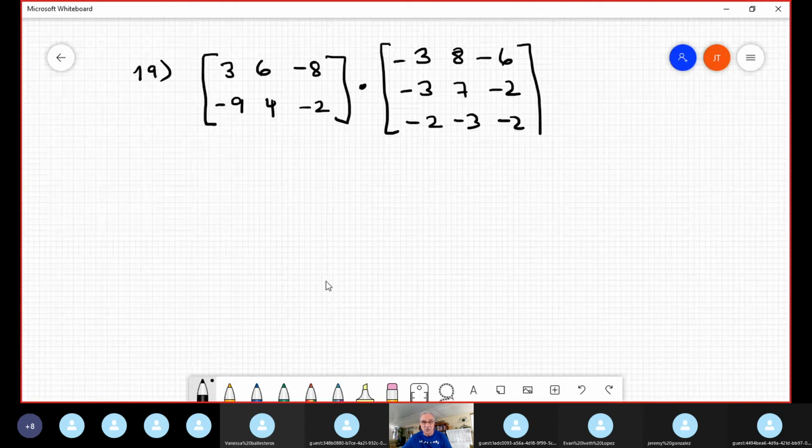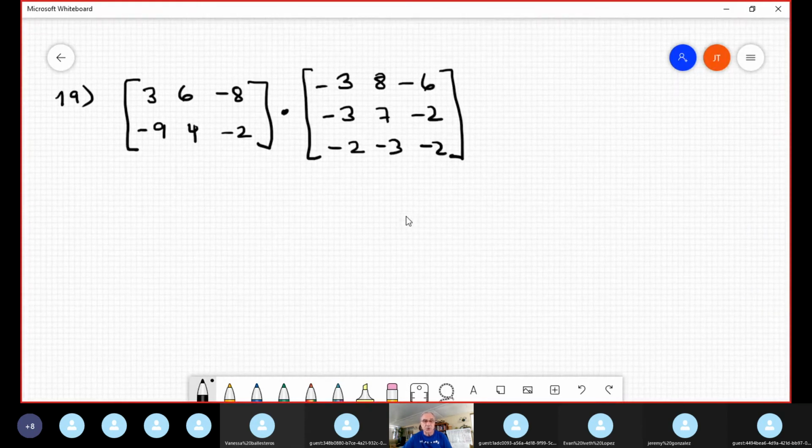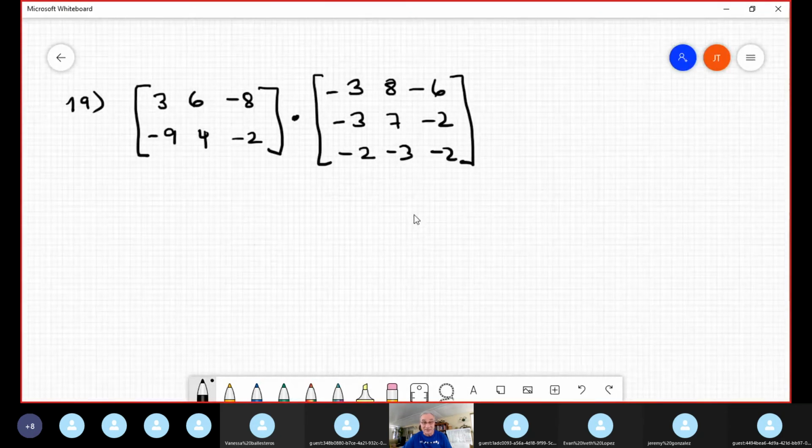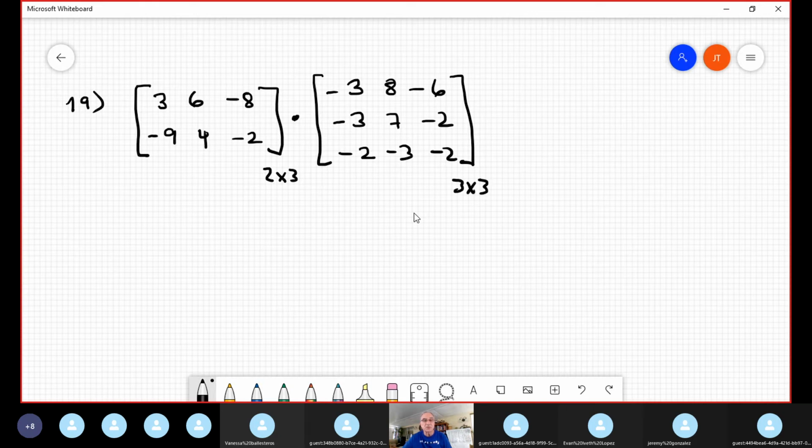If you want, let's do at least one. The first thing you should do in the multiplication of matrices is check the dimension. The dimension is 2 by 3, 2 rows and 3 columns in the first one. And the second is 3 by 3, a square, because we have 3 rows and 3 columns.